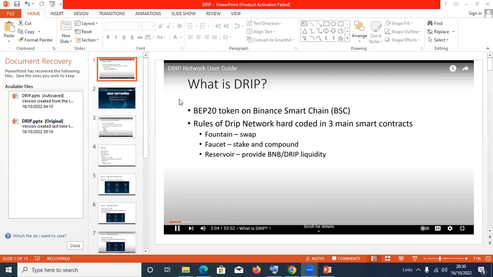So I'll be talking about the DRIP network tonight. First of all, what is DRIP? So DRIP is a BEP20 token on Binance Smart Chain, and it is a regular token. And the rules of the DRIP network are encoded into three main smart contracts, which are the Fountain swap, the Faucet, and the Reservoir.